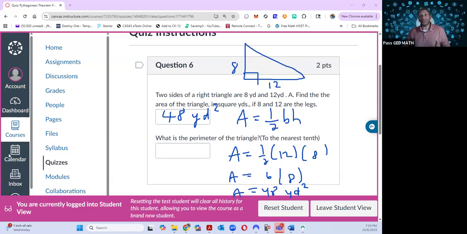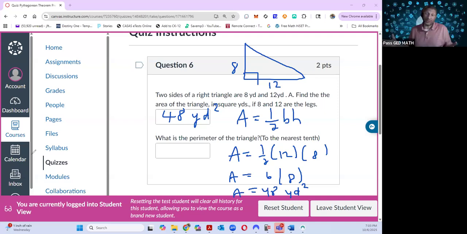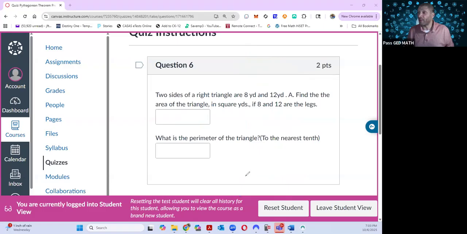Now, Mr. Tinsley, you're confusing me. I thought we were going over Pythagorean theorem. 100% right. But what you have to understand is this. Pythagorean theorem is used to find the missing side of a triangle.